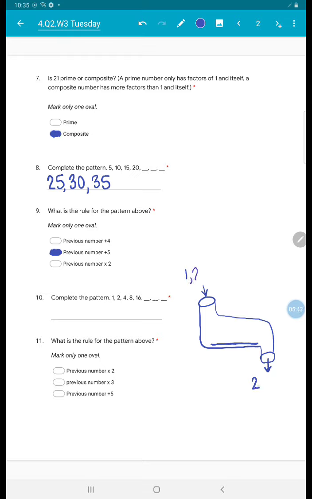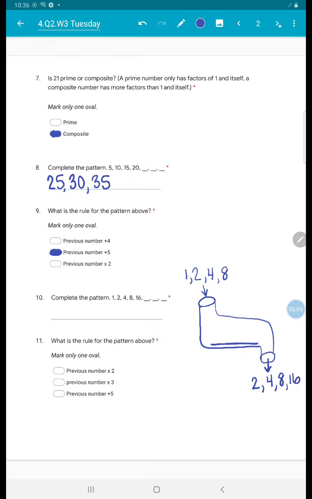Then if I drop a 2 in, something's going to happen, and I'll get out 4. Then if I drop in a 4, something's going to happen. I'm going to get an 8. If I drop in that 8, something's going to happen, and I'm going to get out 16.